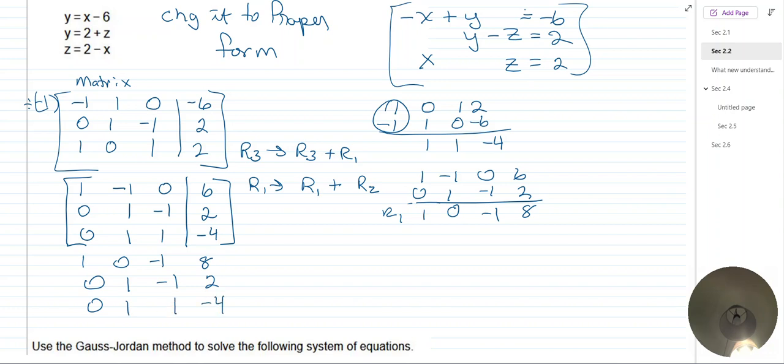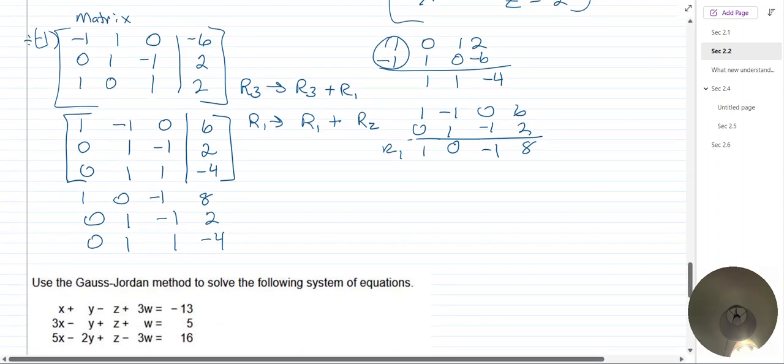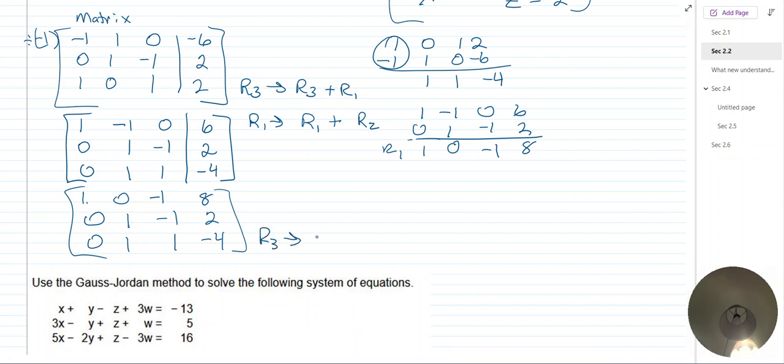Okay. So now I have that matrix. So I have the 1, 1. I need to get rid of this one. So row 3 changes to row 3 minus row 2. Okay, so row 3 is 0, 1, 1, -4.